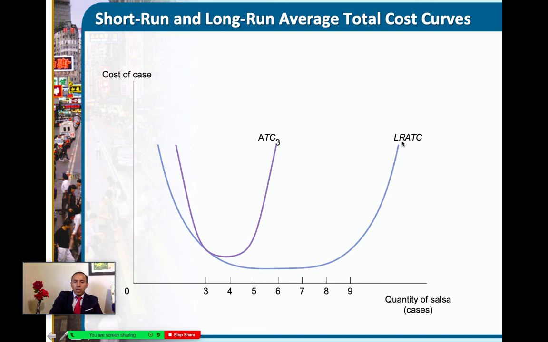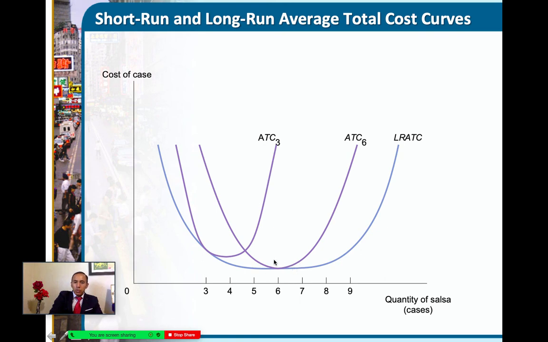In the long run, the average total cost for 3 units should be consistent with the short-term average total cost curve. If the firm wants to produce 6 units, then the average total cost should adjust to produce 6 units in the short term on the average total cost curve 6, and also in the long run, or the long-run average total cost curve 6.